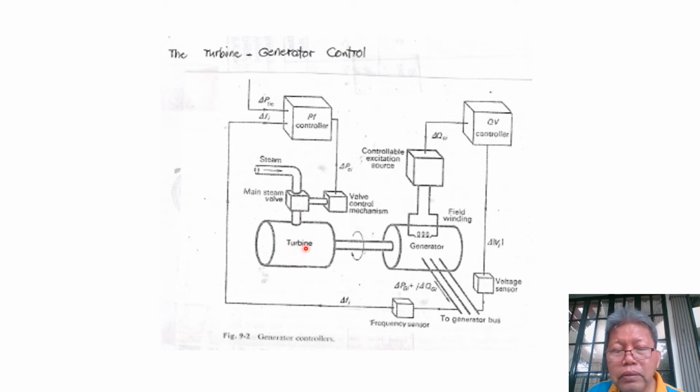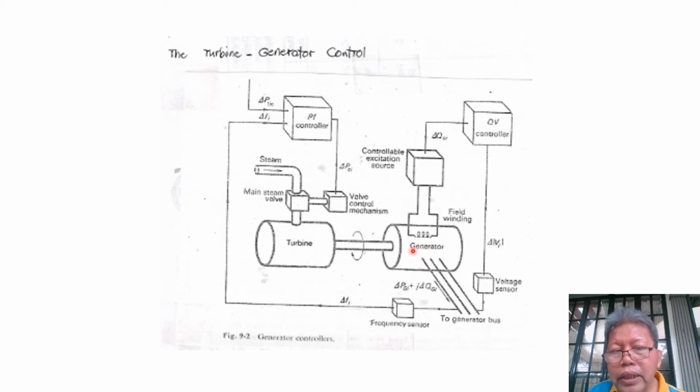So with either additional opening of the main steam valve or partial closing of the main steam valve, our turbine will receive the corresponding change in the amount of steam due to this signal coming from our PF controller. So either the turbine will generate more mechanical power, or the turbine will generate less mechanical power. Correspondingly, the increase or decrease in the generation of mechanical power in our turbine will also be reflected as additional or reduced generation of real power in our generator.